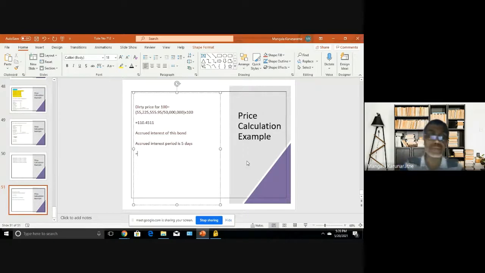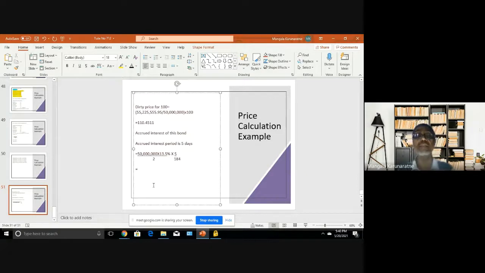So it's 50 million into 13.5%, into 5, and I divide it by 184 days, and this whole thing you have to divide by 2, because you want to get the semi-annual coupon. So 13.5 is the annual one.